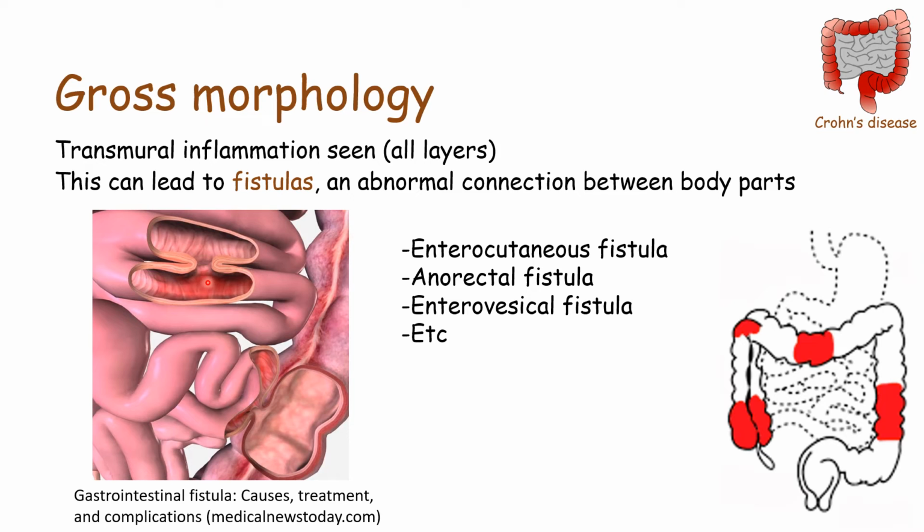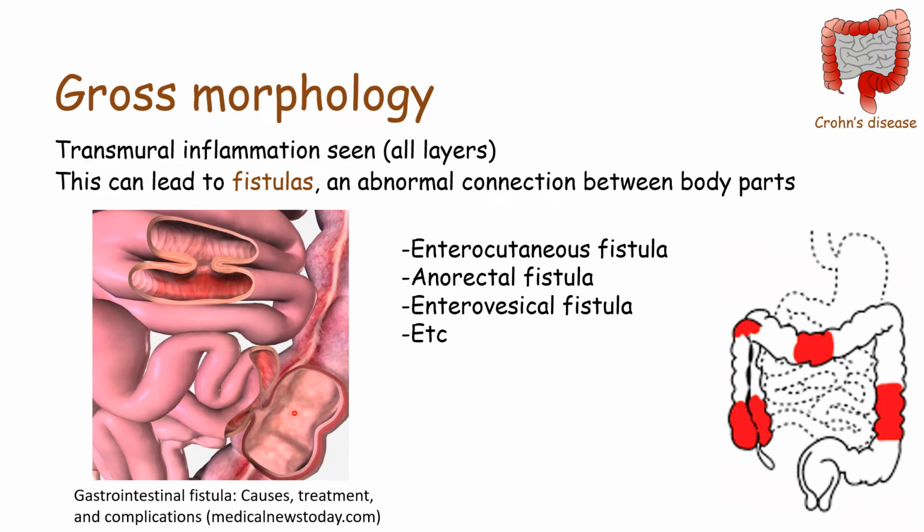Essentially, because you have transmural inflammation, this can spread through the wall of the intestine into another part, let's say of the intestine, as we can see in this image, creating an abnormal connection between these two loops of small bowel, or as we can see here, between the small bowel and the large colon.